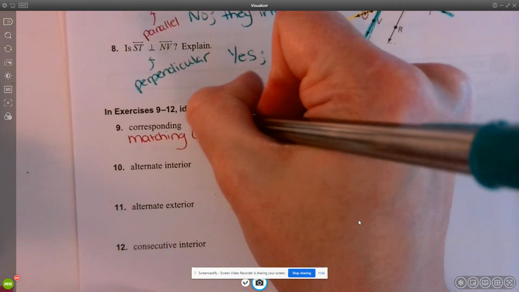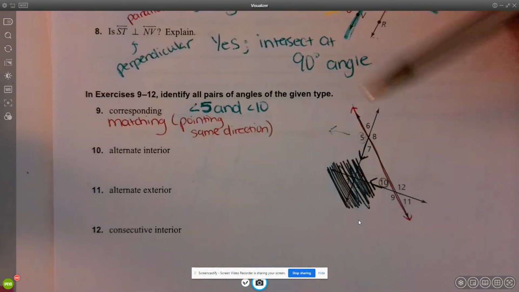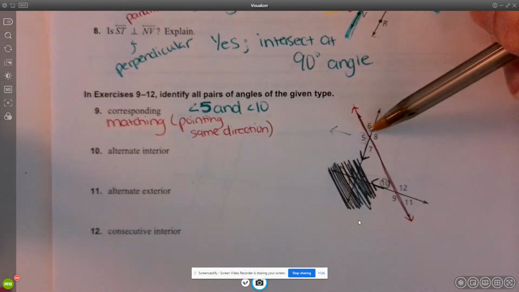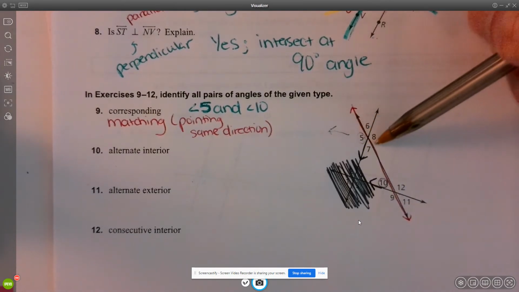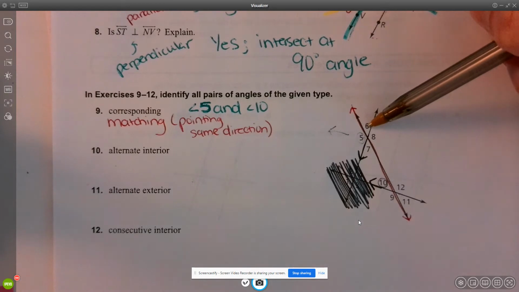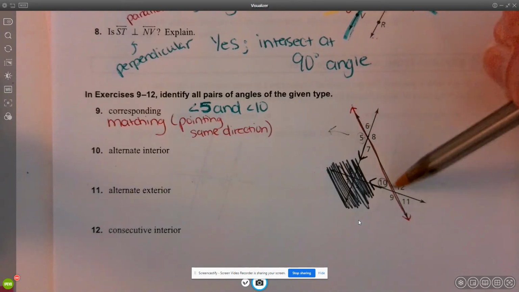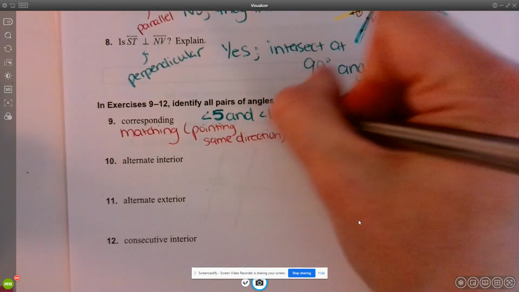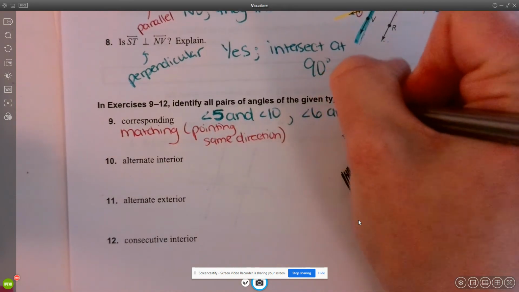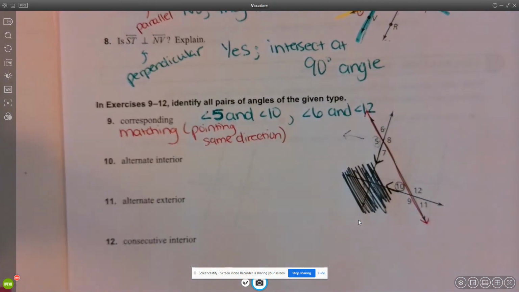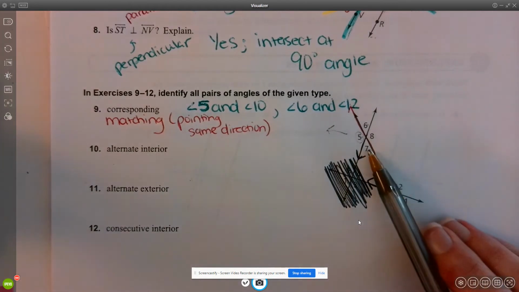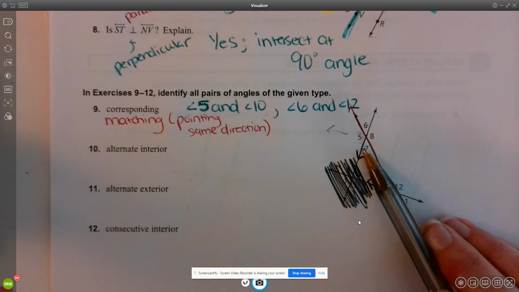Now we need to go find the other 3 pairs. Angle 6 is in this top right-hand corner. When I compare it to these 4, its matching or corresponding angle is angle 12. So angle 6 and angle 12. Angle 7 is pointing this direction.